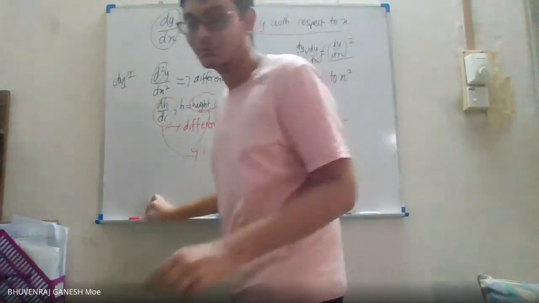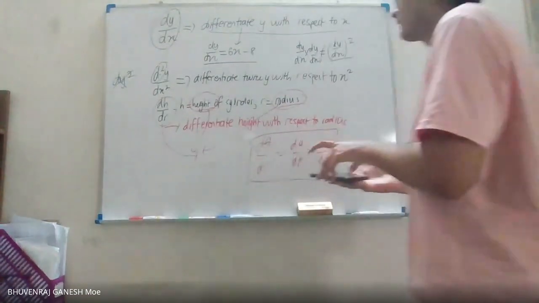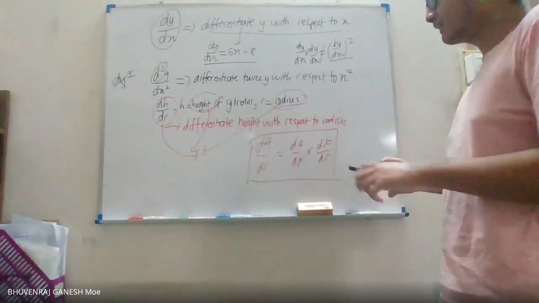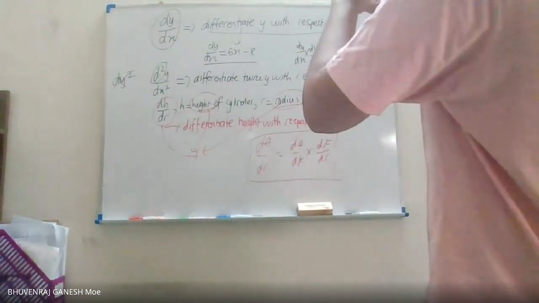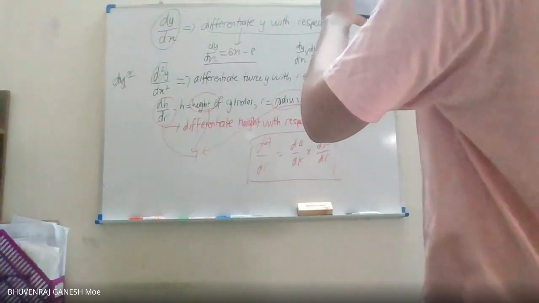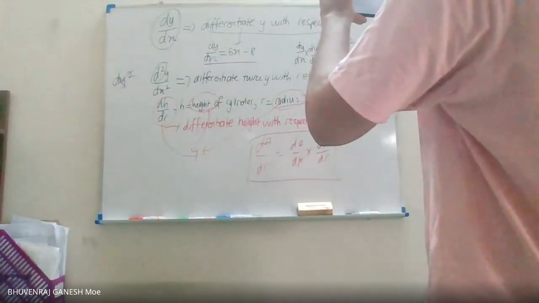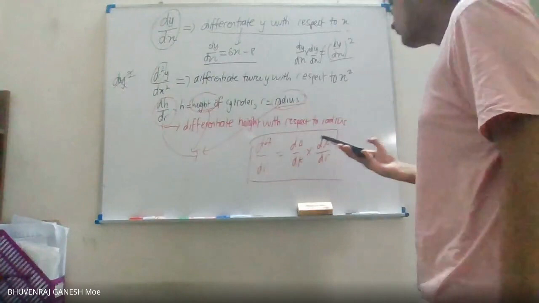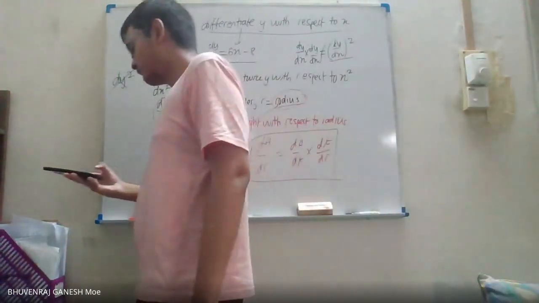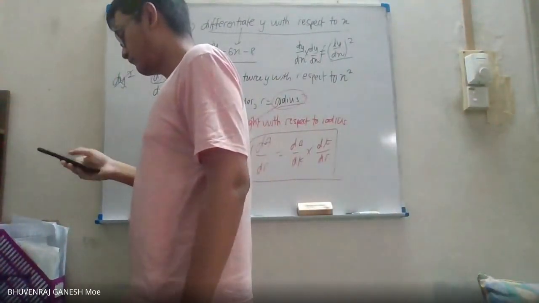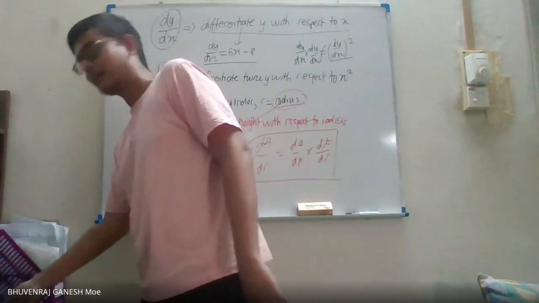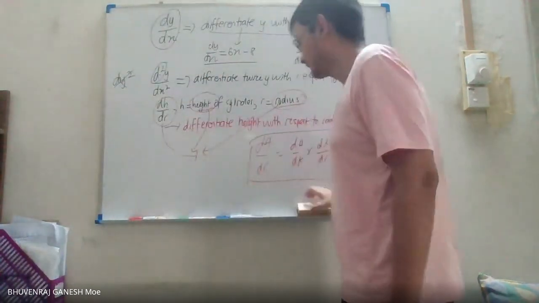Now we go to the proper topic on differentiation. Actually, quite a long topic. And also they like to come up with a lot of difficult questions with these things.